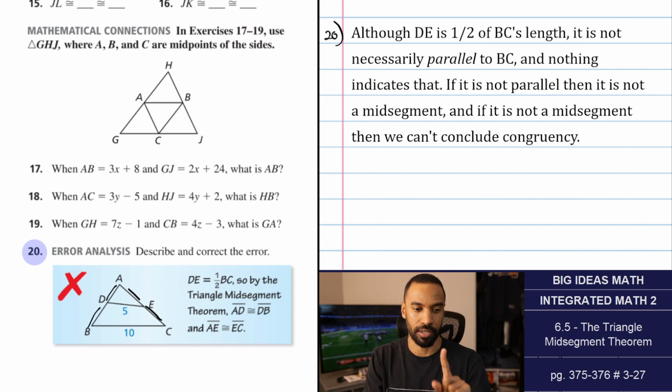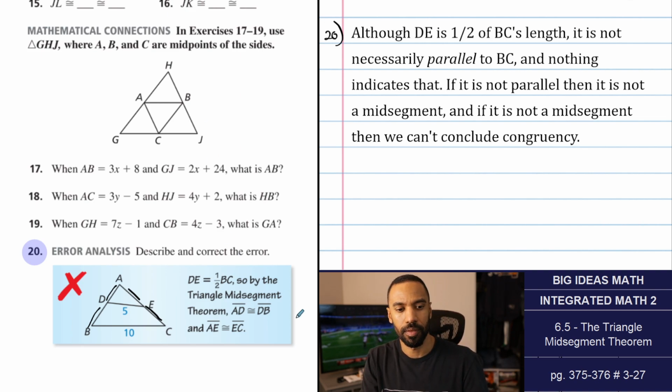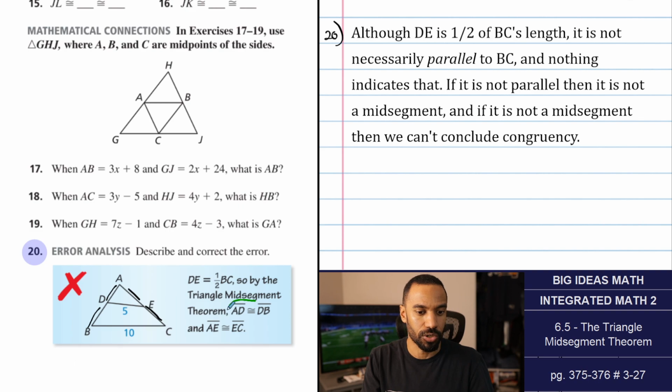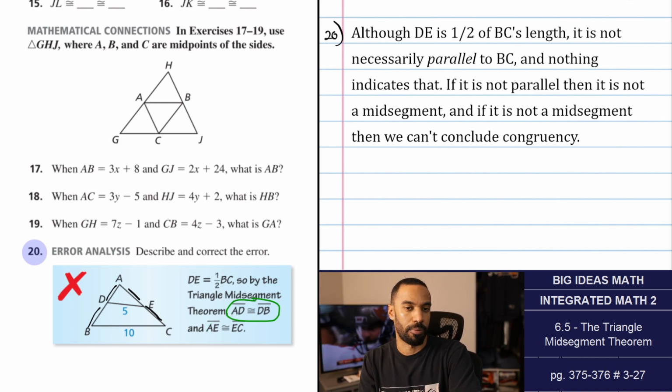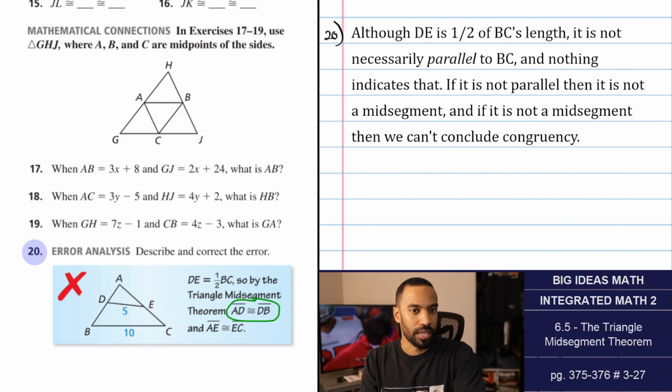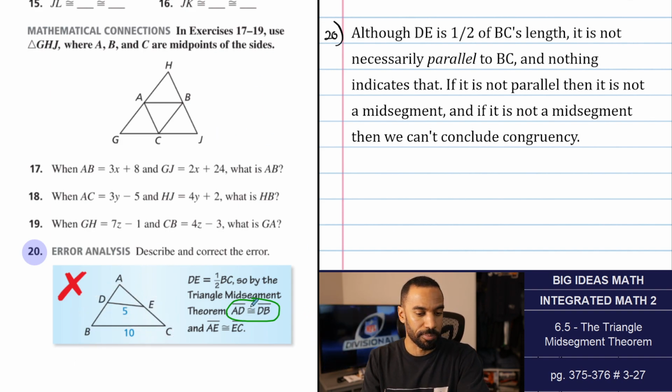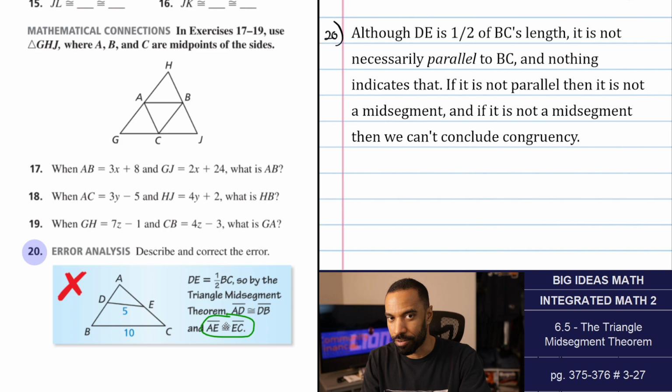Now keep this in mind, guys. It's possible that AD is still congruent to DB. In fact, it's possible that they're both congruent. But they'd only be congruent for sure if the things are parallel. So even if they're not parallel, it's possible for one of them to be congruent. And the other could be congruent on its own as well, even if they're not parallel.